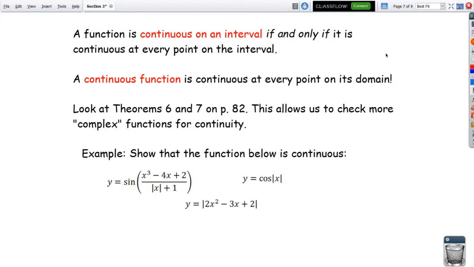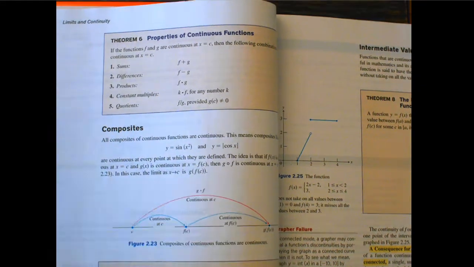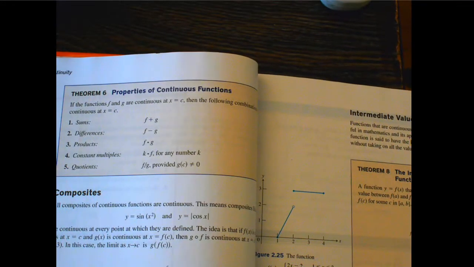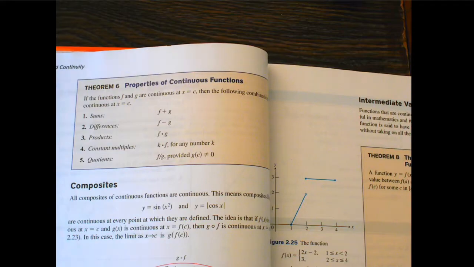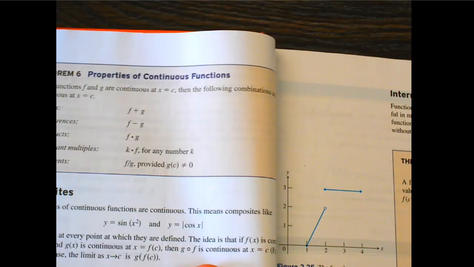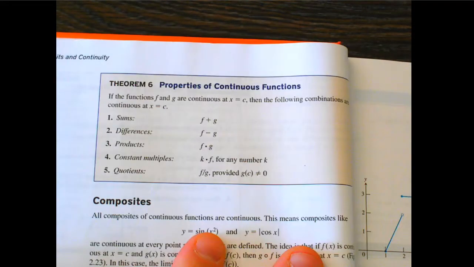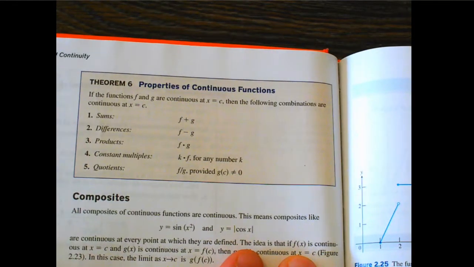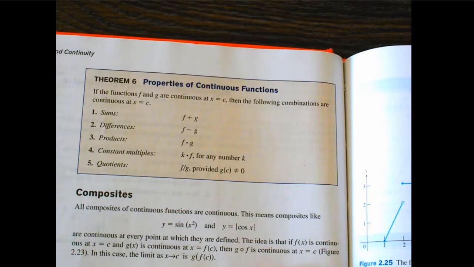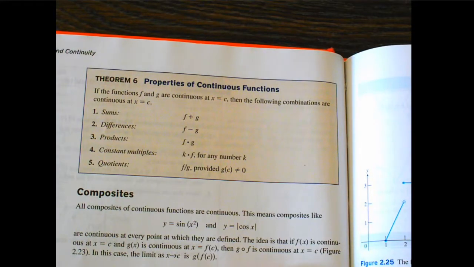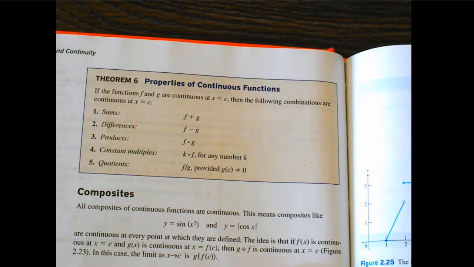So Theorem 6, let's put my doc cam back up here. There we go. I'm going to hold it flat so you guys can actually read it. If the functions f and g are continuous at x equals c, then the following combinations are continuous at x equals c.